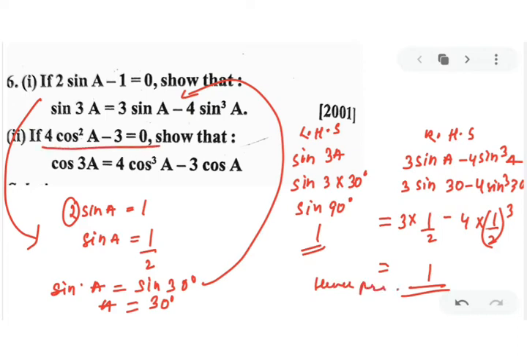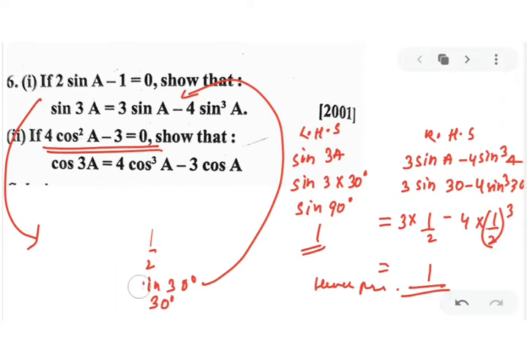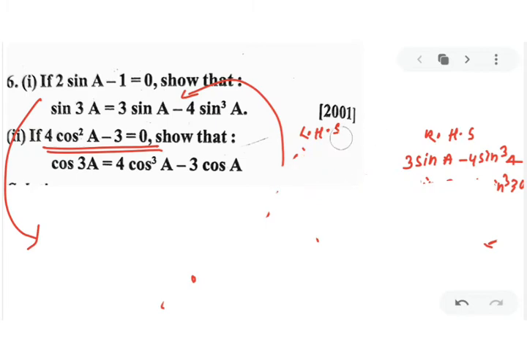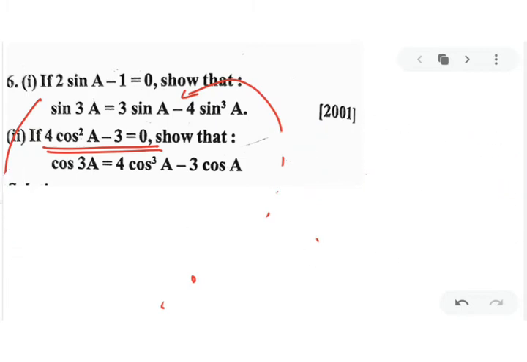Similarly for your second one also, I'll erase this. I am taking the second part of 6. In that second you have 4 cos square A minus 3 is equal to 0. I will keep 4 cos square A here and 3 here.